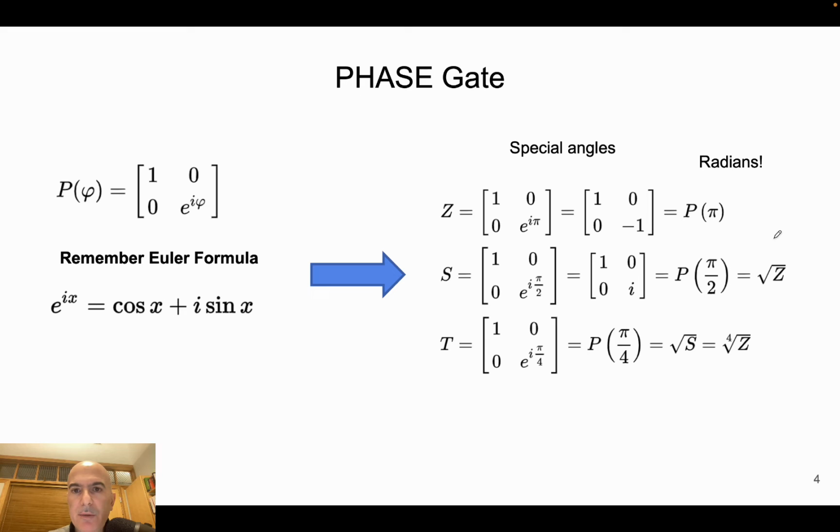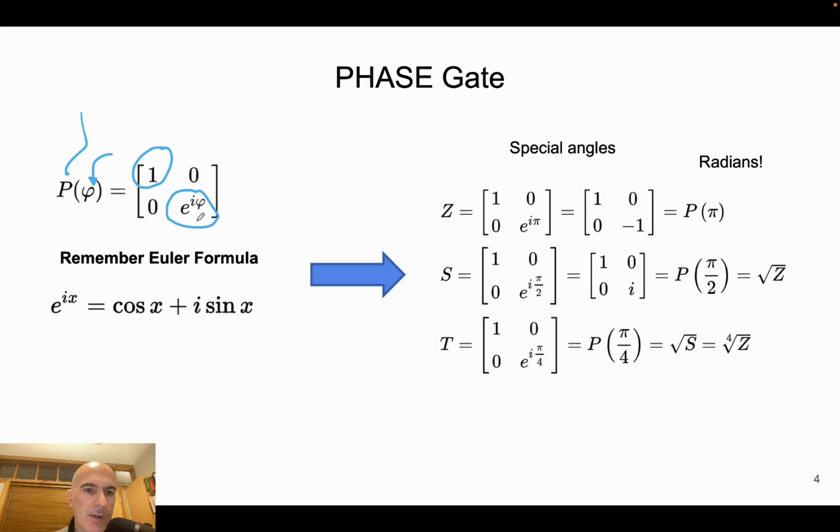As with other gates, we can express the transformation of this phase quantum gate using tensor matrices. In this case, we have, for instance, P, and then we have our angle, in this case in radians. So we have a 1 here. That also means that we are not going to change the complex number relative to the state 0, but we only operate on the phase of the state 1.